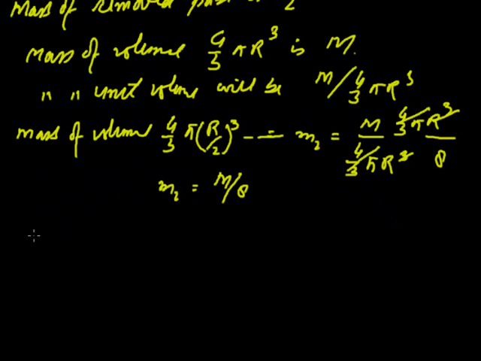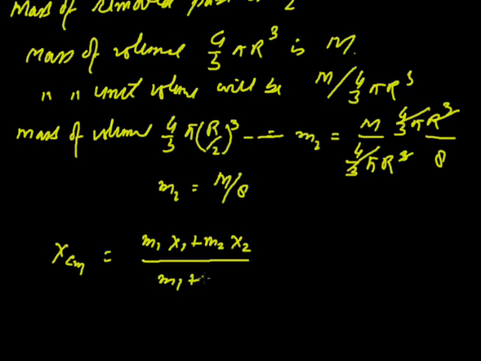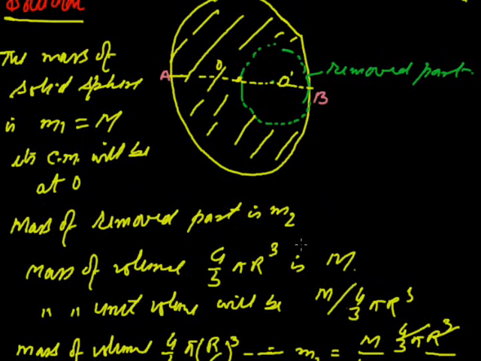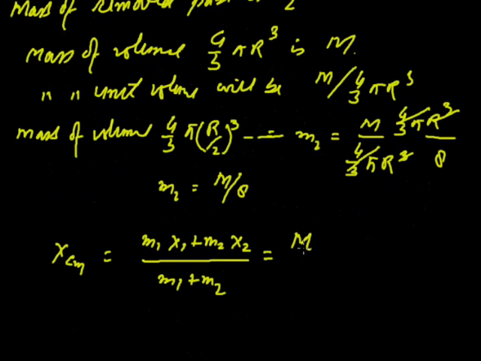Here we will write the center of mass, the x coordinate of center of mass, xcm, will be (m1 x1 + m2 x2) divided by (m1 + m2). m1 is the solid sphere, that's capital M. We have to find the distance of the center of mass of the remaining part from O, the center of the complete sphere. So its center of mass will be 0, plus m2 x2.